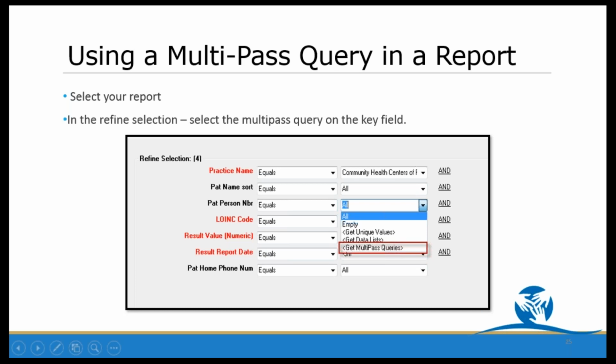That is our key field. So this person number is the only place that I can get that multipath. I can click on the result report date and say get multipath, but guess what? You're not going to find the multipath because it's linked to the patient person number. So you go ahead, you'll drop that down, you'll say get multipath.